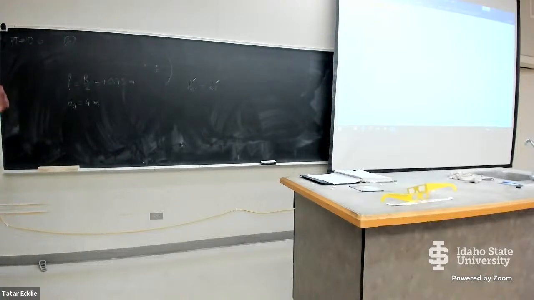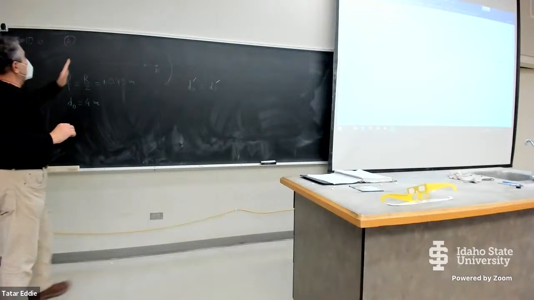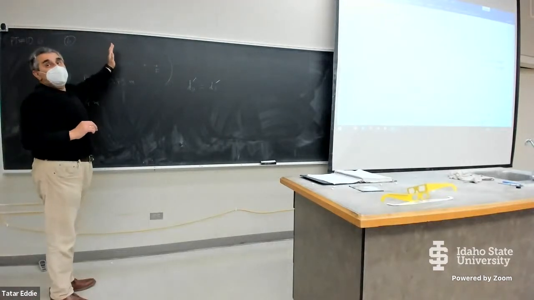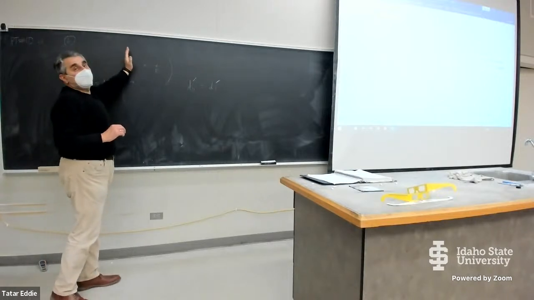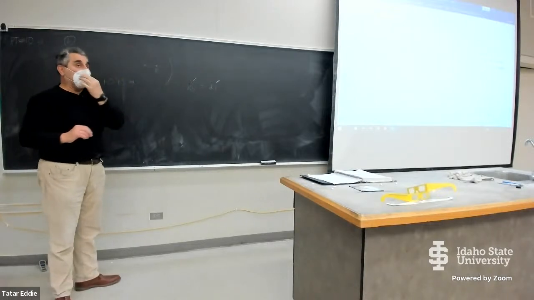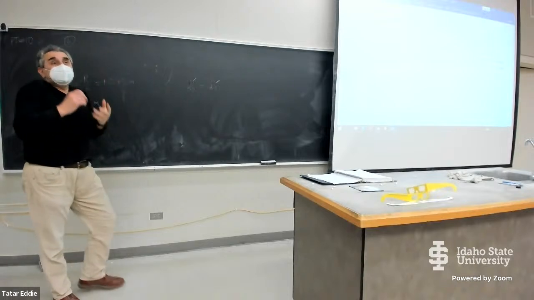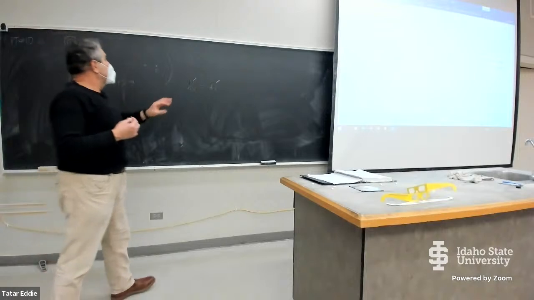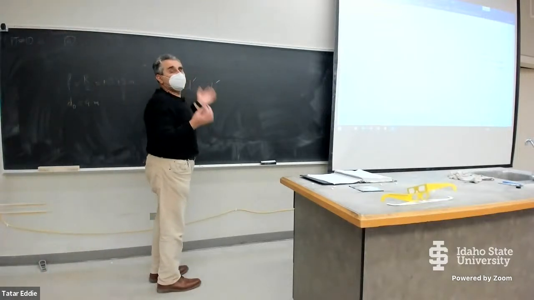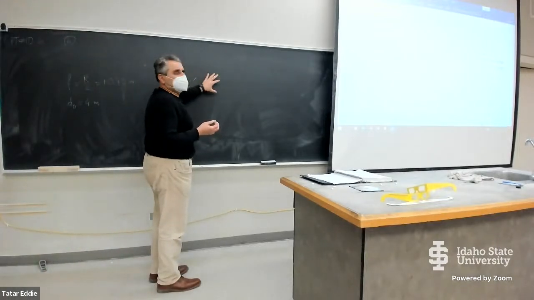Keep in mind that the image and the object are on the left-hand side in front of the mirror. And by definition, when the image is in front of a mirror, DI is a positive number. So you don't need to insert negative algebraic signs here.